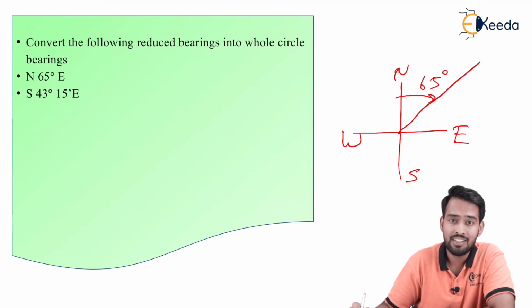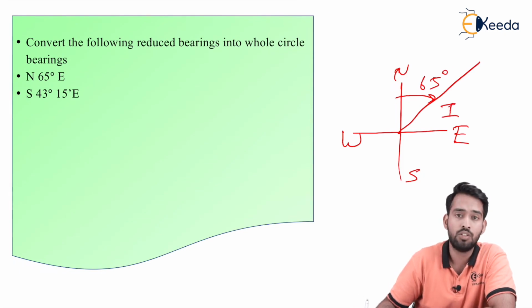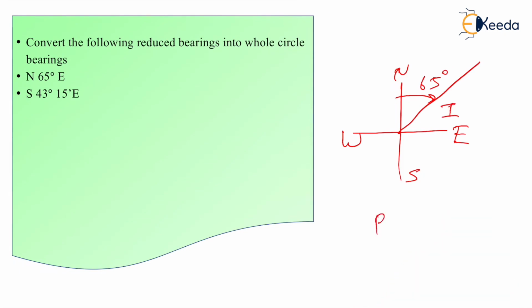So it lies in first quadrant and it is written as northeast. The first rule says for first quadrant, RB is equal to WCB and WCB is equal to RB. So directly we can convert this reading into WCB.